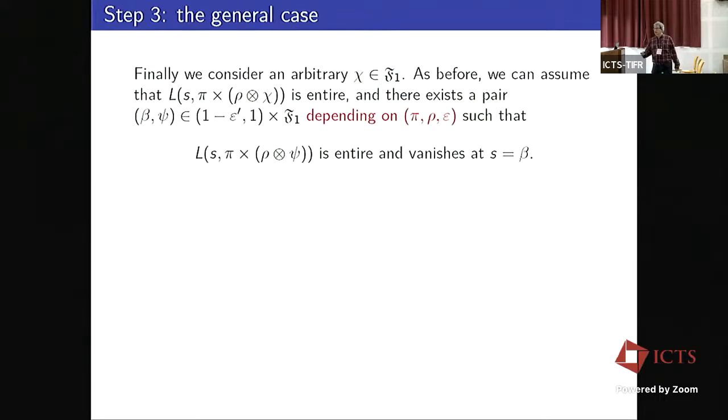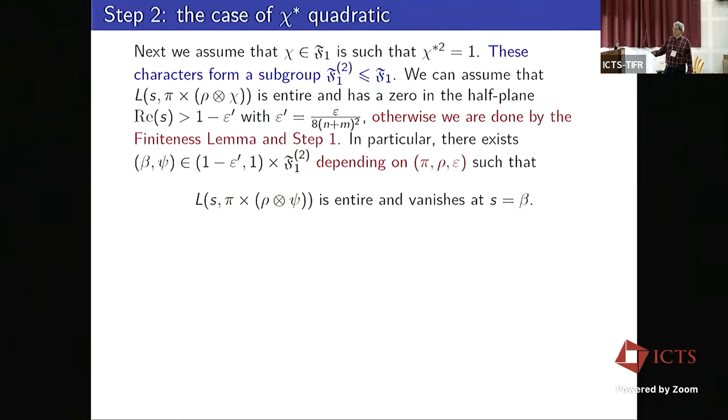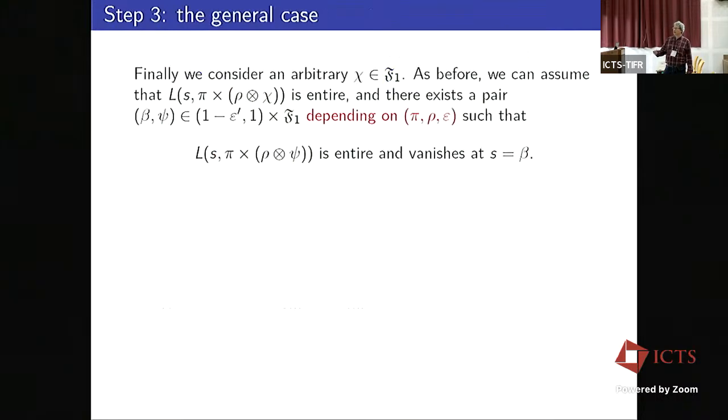So now we look at an arbitrary GL1 twisting character, and as before, we can assume that this guy is entire by the finiteness lemma. And then, just as before, we can record this smallest GL1 twist for which the twisted Rankin-Selberg function has a real zero close to 1.